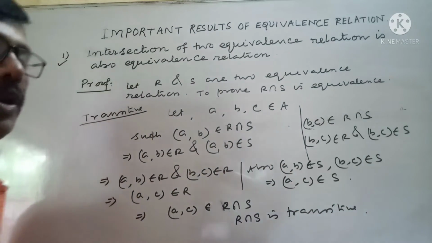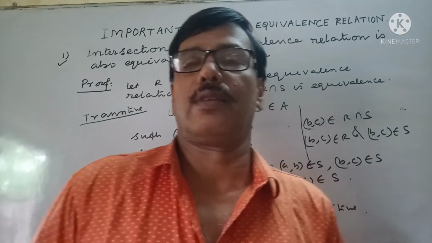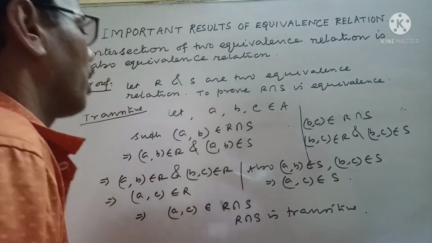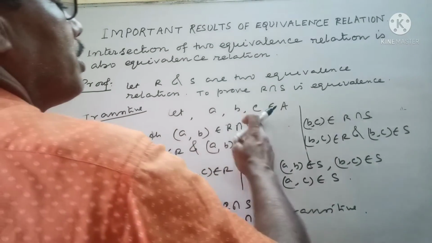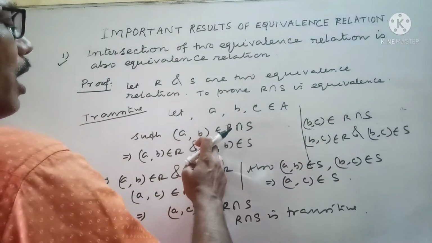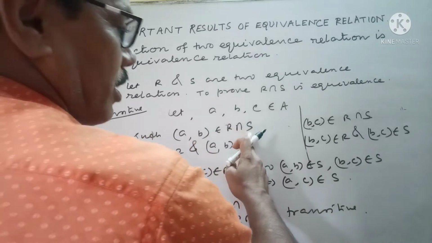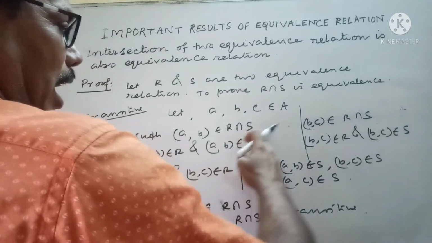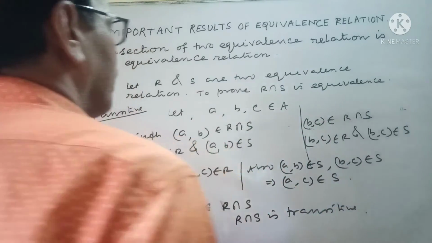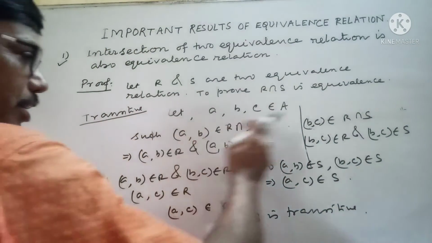Listen again. For transitive relation, we have to take two ordered pairs. So let a, b, c belong to A such that (a, b) belongs to R intersection S and (b, c) belongs to R intersection S. Second element is same.